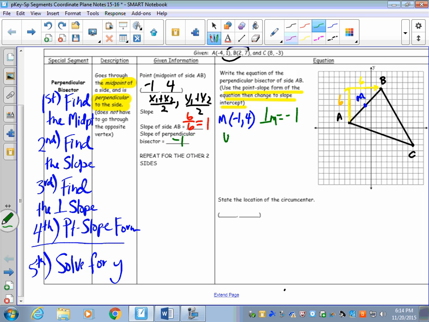So we're just going to do y minus 4 equals negative 1 parentheses x plus 1. And then we're going to change it into slope intercept form. So the easiest way for us to do that is we're going to distribute that negative 1. So we have y minus 4 equals negative x minus 1. And then we're going to add our 4 to both sides.